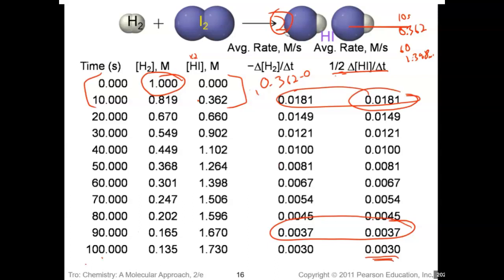In order for H2 and I2 to combine to make HI, they have to hit each other somehow, right? If there's less reactants available, it's going to be harder for them to find each other. Therefore, their ability to react, which we're going to talk about later, what does this actually mean to react, to actually form this product is going to be slower. And that's why the rate of a reaction slows as we go.